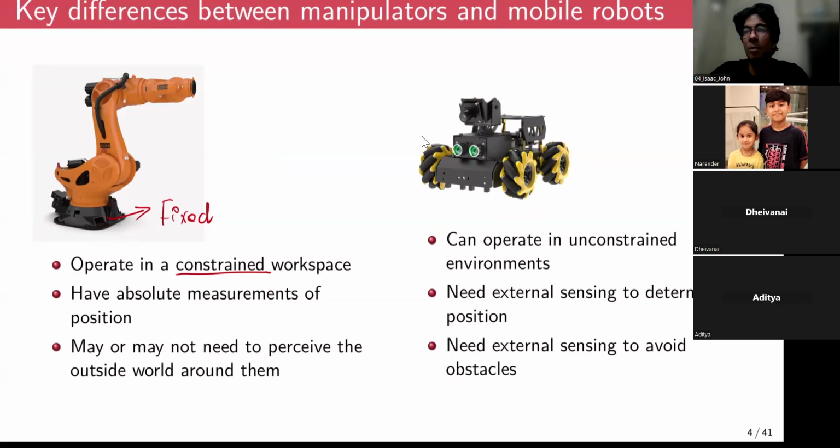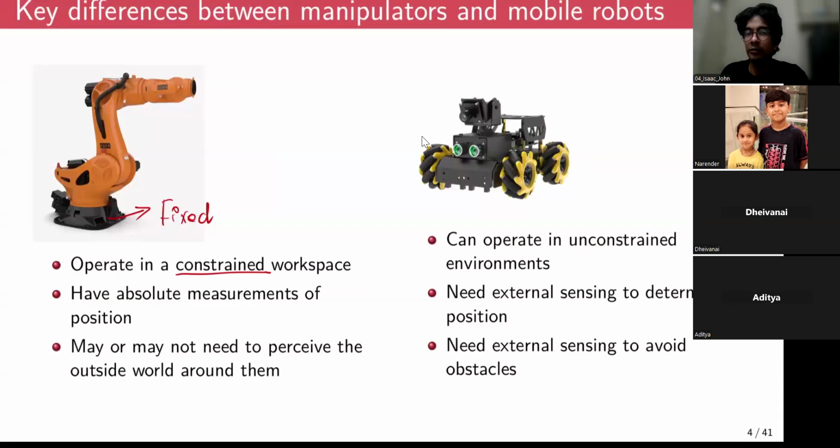So in that regard, it may need to perceive objects around it, right? Otherwise, it will simply go and bump into obstacles, or it may go into some undesirable spaces, or it may get itself trapped, or it may even get itself lost, not knowing where it is. So it's absolutely essential for a mobile robot to know its position.